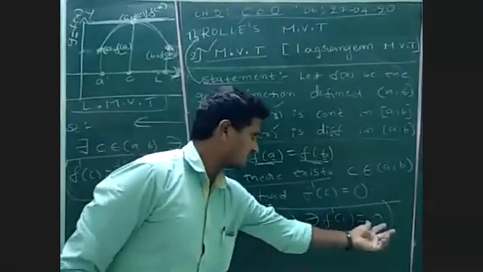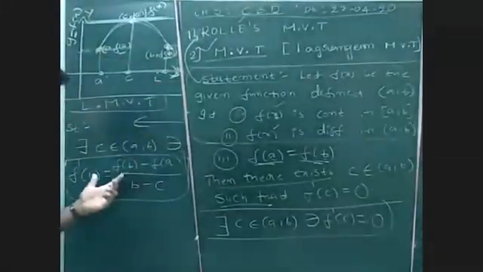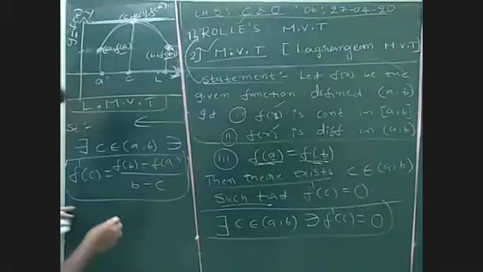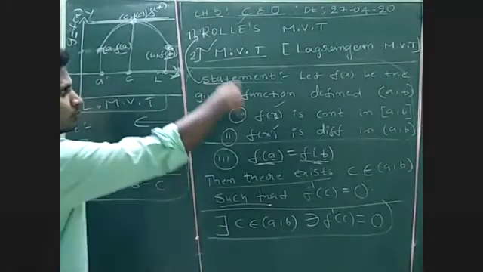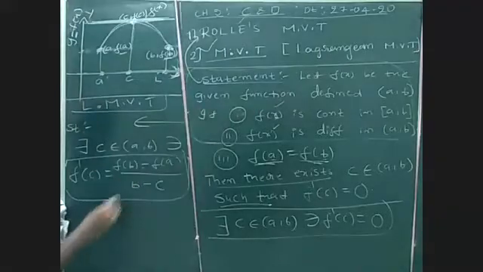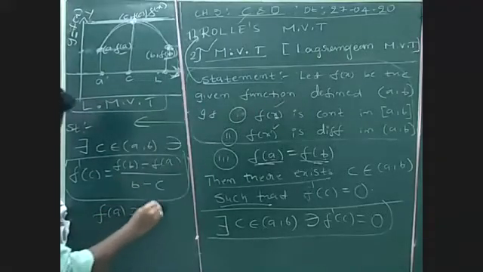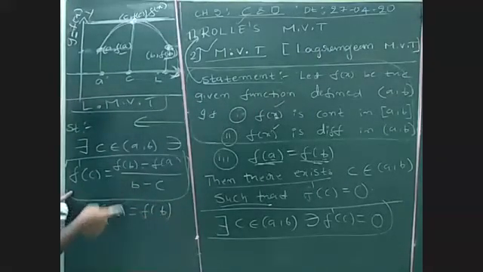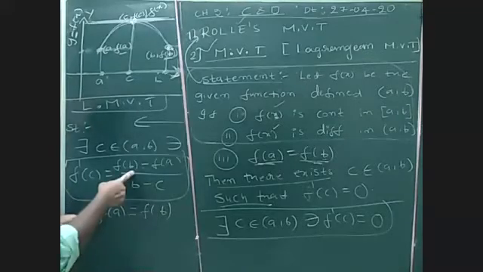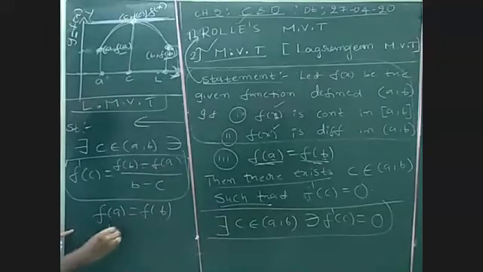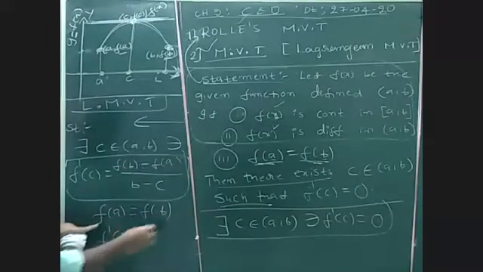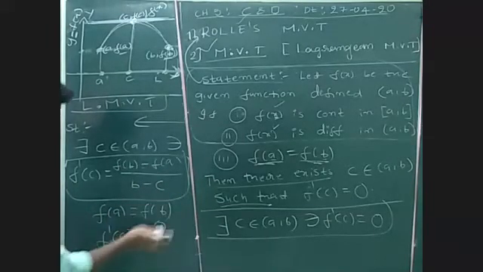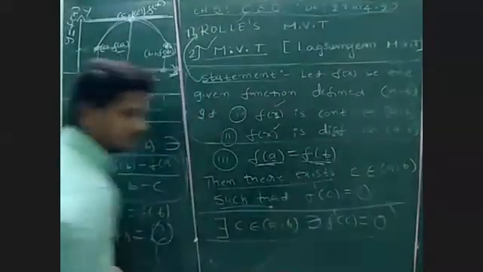There f dash of C is 0, here f dash of C is not 0. Both are the same statement. If I take f of a equal to f of b and substitute f of a in place of f of b, the numerator becomes 0, so f dash of C is 0 by b minus a, nothing but 0. Again we get Rolle's theorem.